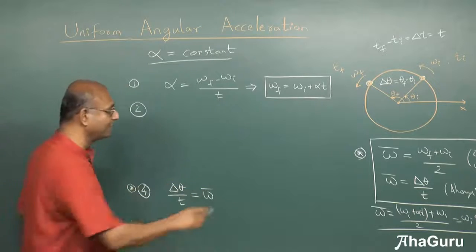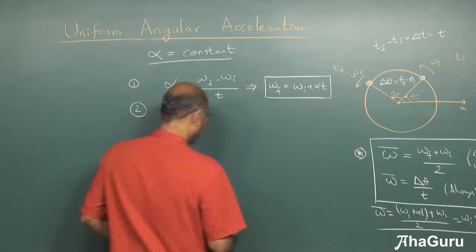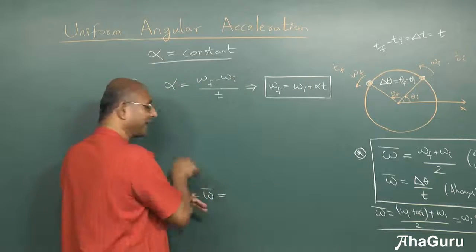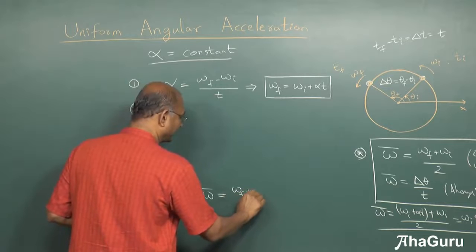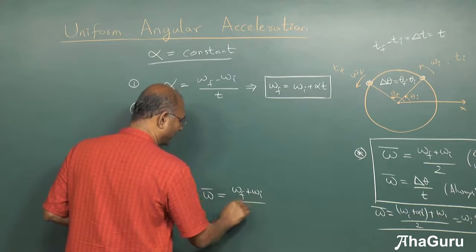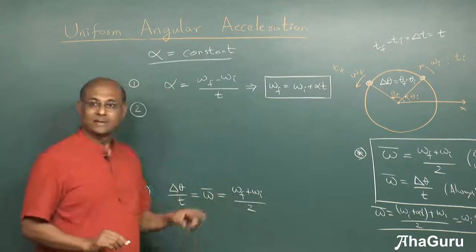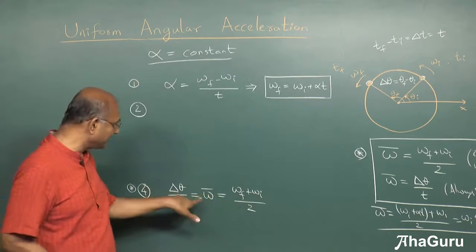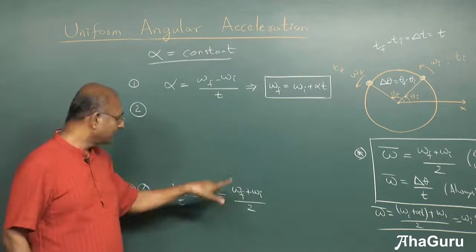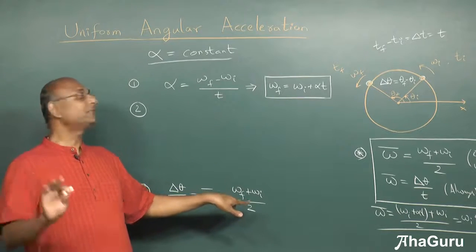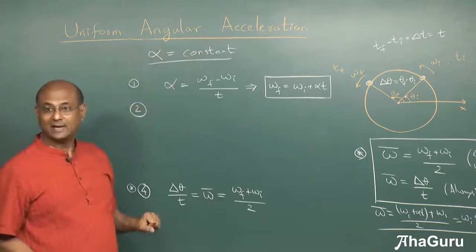This is always true, right? This statement. But you can also write average angular velocity as omega final plus omega initial by 2. This part of the equality is valid for all cases. This part of the equality is valid only for constant alpha.